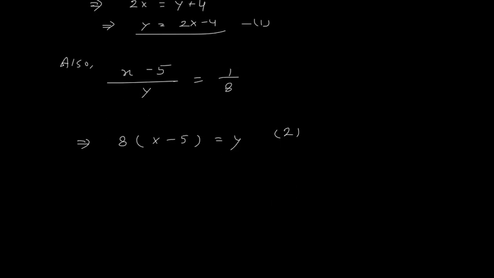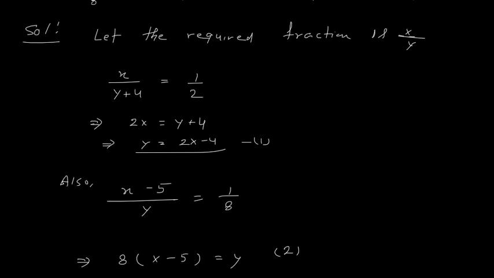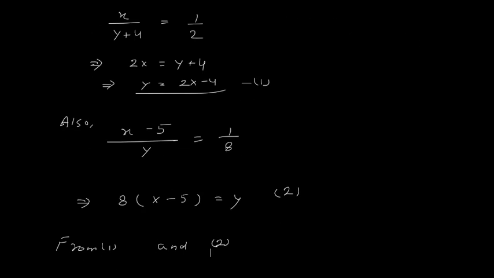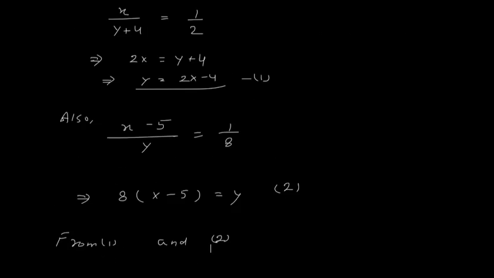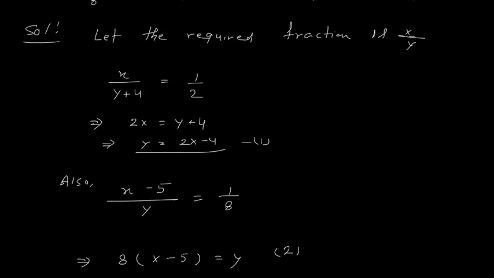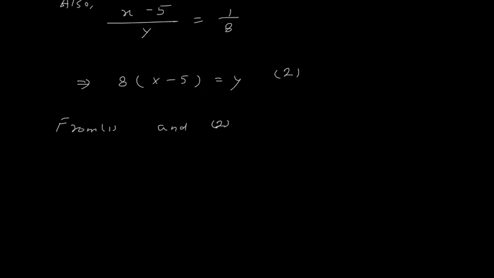So from 1 and 2, this is also the value of y, and 2x minus 4 is also the value of y. So I can say that 2x minus 4 is equal to 8 times x minus 5. That is, 2x minus 4 is equal to 8x minus 40.